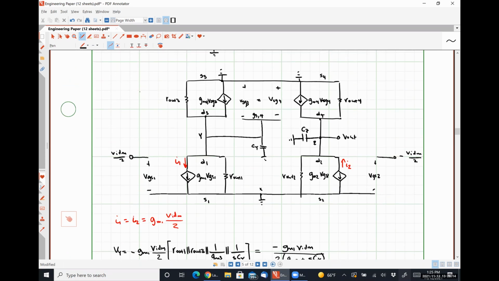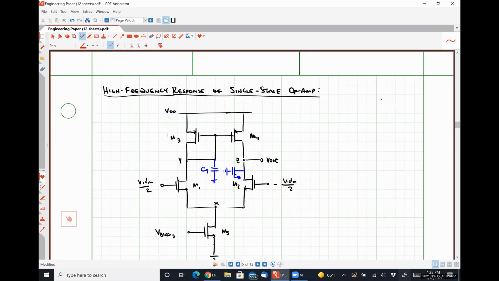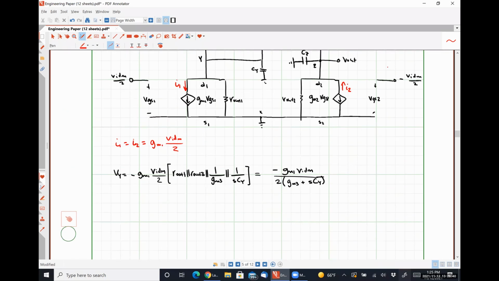Now, this current here, I4, is going to be GM4 times negative Vy, because negative Vy is VSG4. Is that reasonable? So I'm going to call this I4 is GM4 times negative Vy.